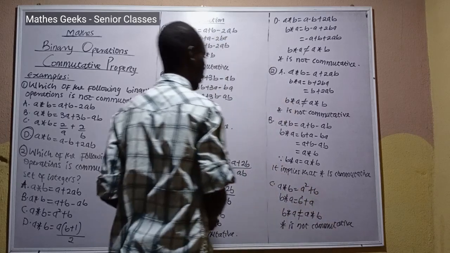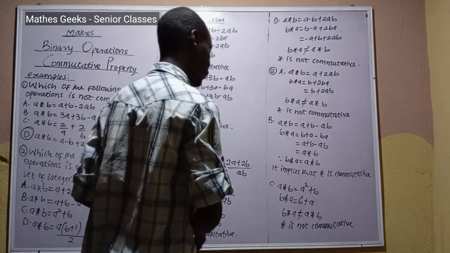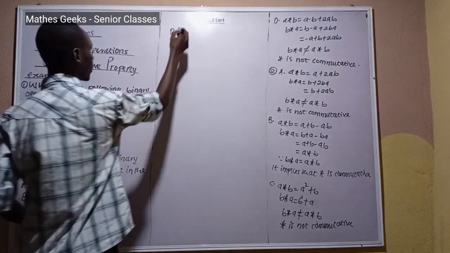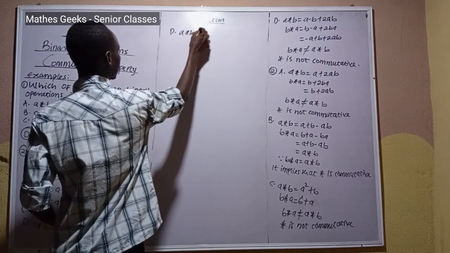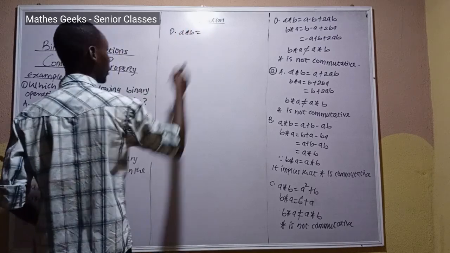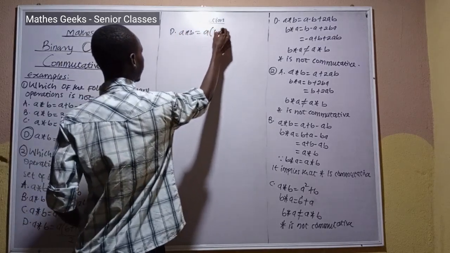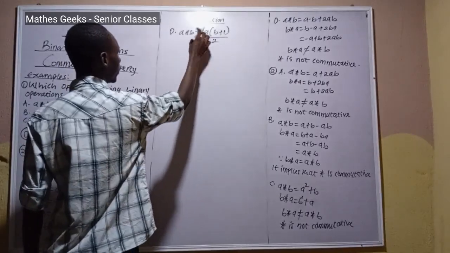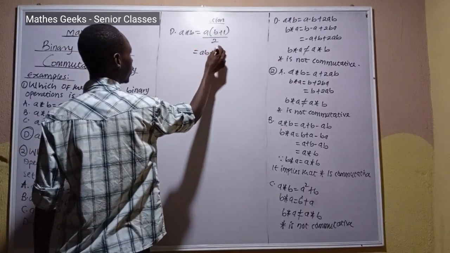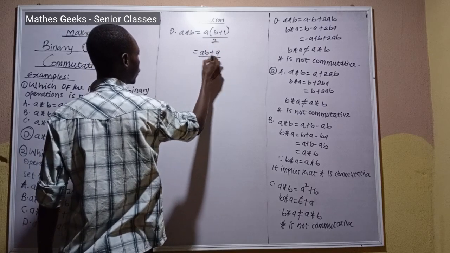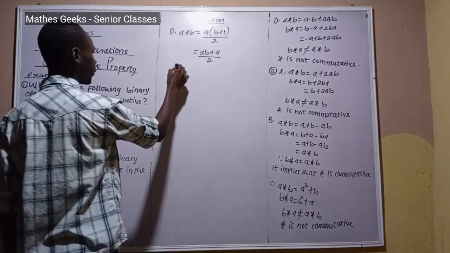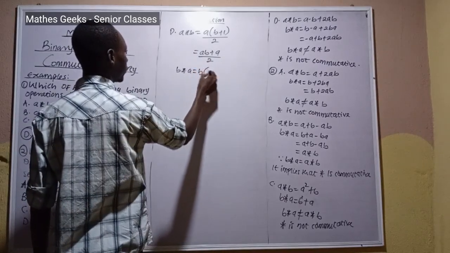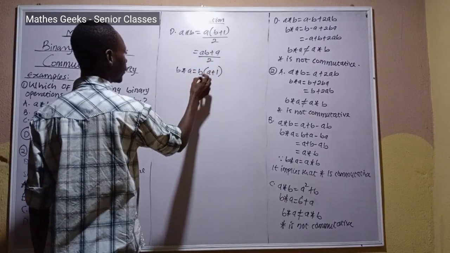Star is not commutative. What about D? D, a star b is equal to b plus 1 over 2. When we expand, a times b plus 1 over 2 is ab plus a over 2. b star a is equal to b times a plus 1 over 2.